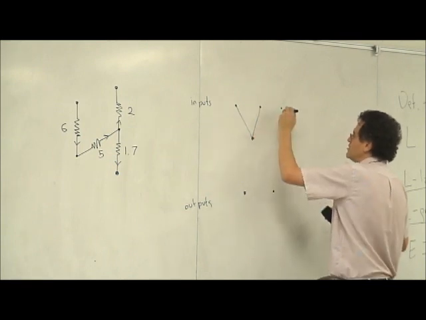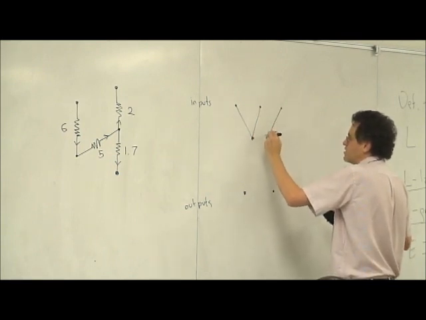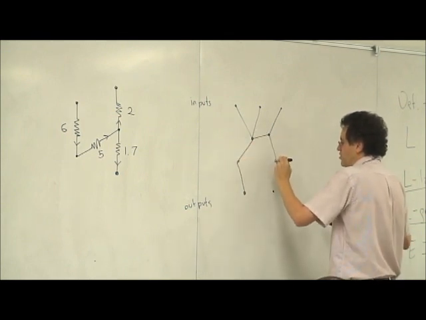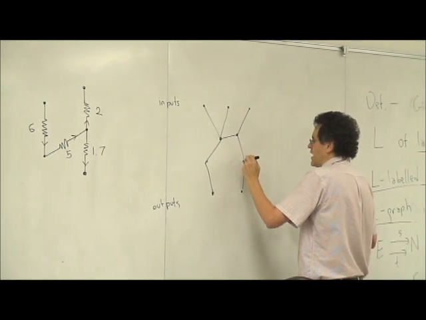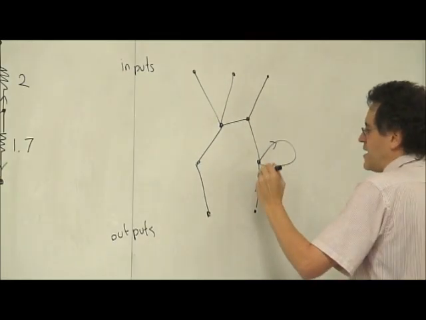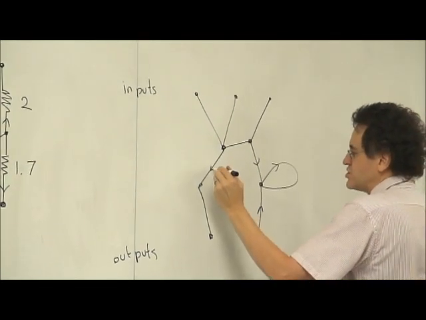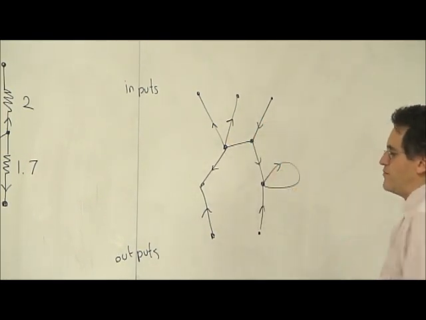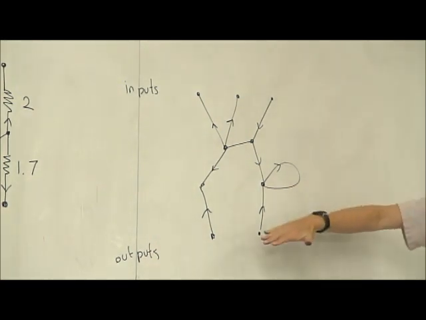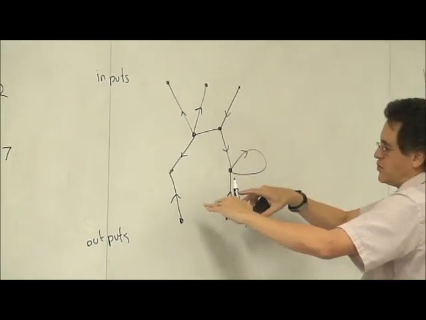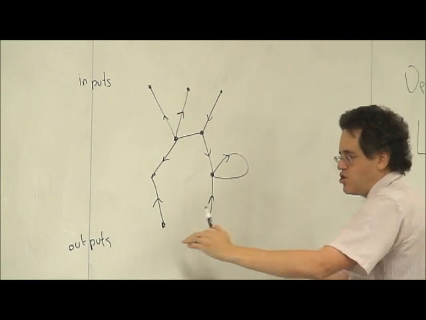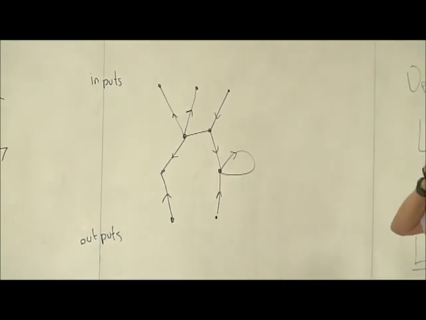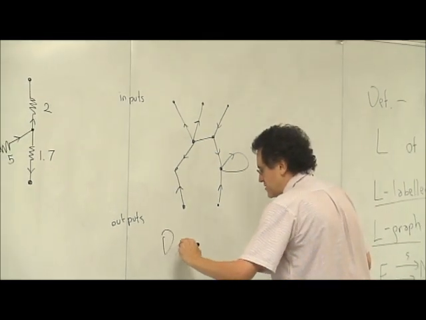So the idea is that we would like to single out certain subsets of nodes and have them be the inputs and the outputs, so that later on we can think of this circuit as going from here to here, and that will let us compose one circuit with another circuit by hooking the outputs of one onto the inputs of the next. So we'll make this definition here.